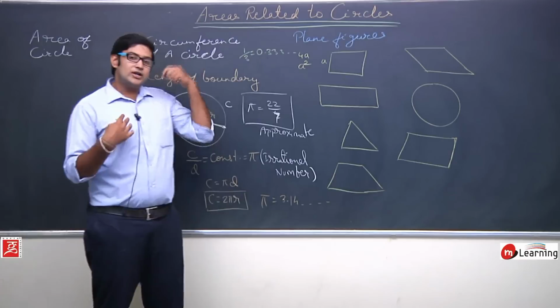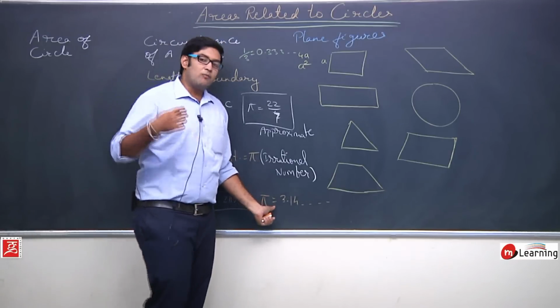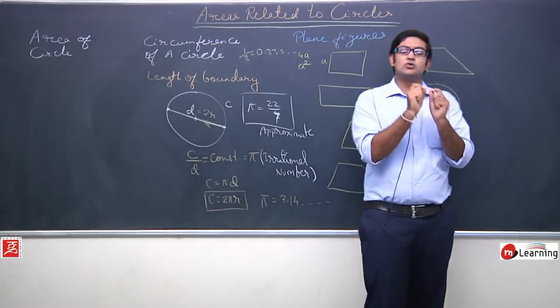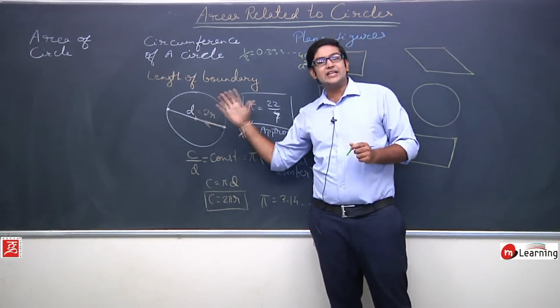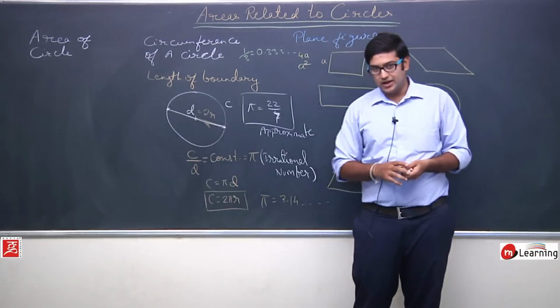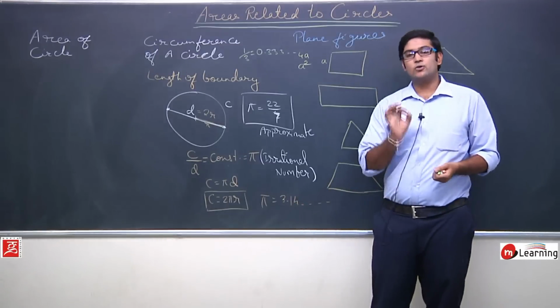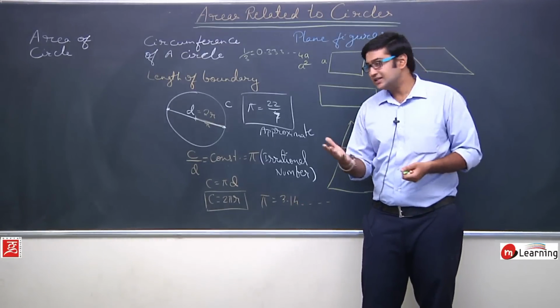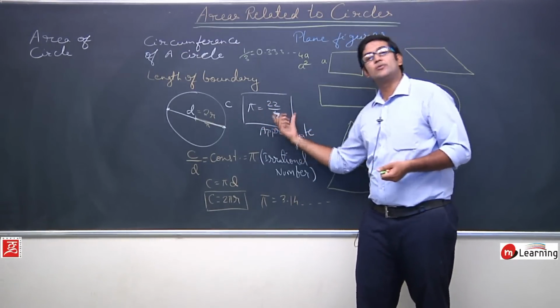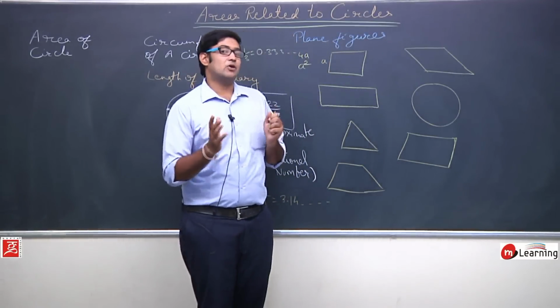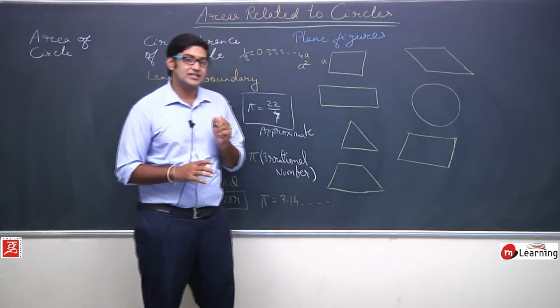We do not need to calculate the value of pi to the 100th or 99th decimal. We just need an understanding of the basic concepts of areas. That's why we take the value of pi as 3.14 only, or else we can take pi as 22 upon 7 as a better approximation. It's just an approximation, please remember this. This is not the exact value.